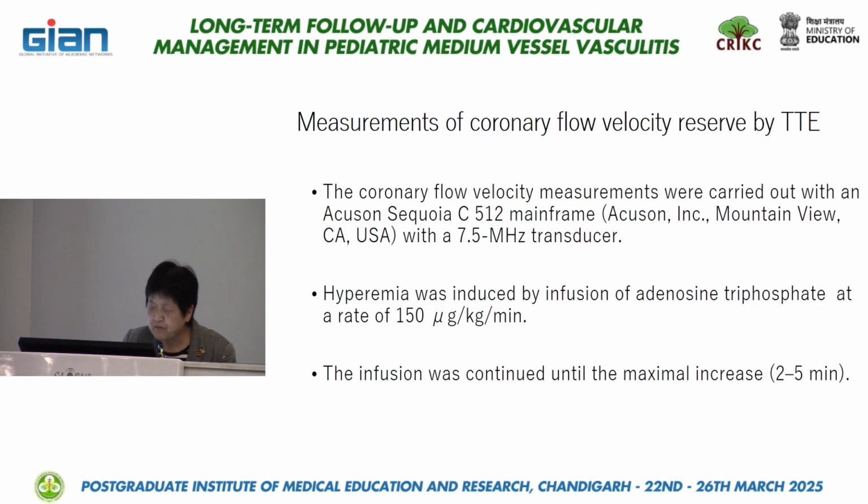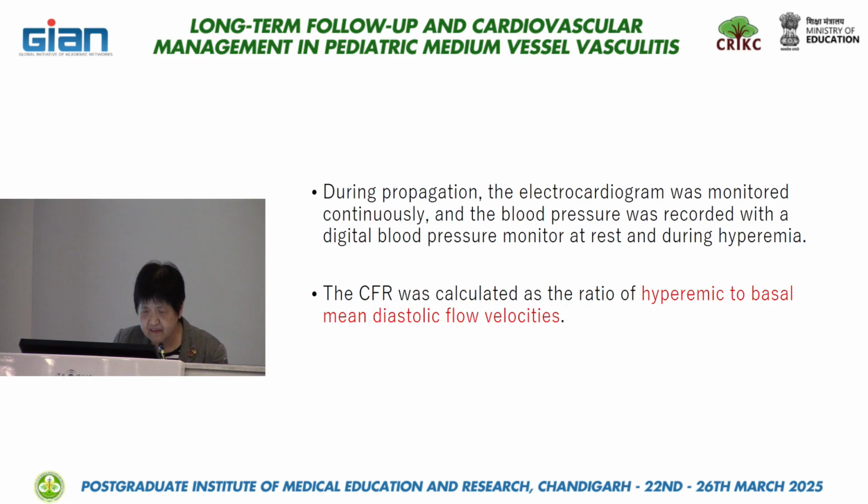The infusion was continued until the maximal increase, about 2 to 5 minutes. During the procedure, the electrocardiogram was monitored continuously, and blood pressure was recorded with a digital blood pressure monitor at rest and during hyperemia. CFR was calculated as a ratio of hyperemic to basal mean diastolic flow velocity.